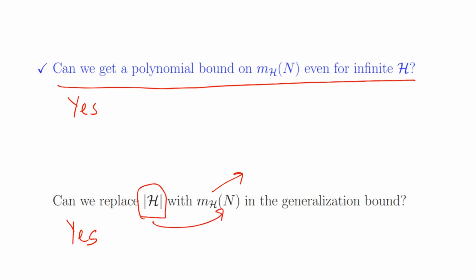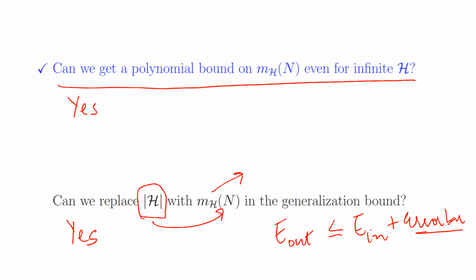Okay. So having said that, what we really need to understand now, the real challenge, is to link this entire process to E out, because remember that was the whole point of doing this analysis: that E out reaches E in plus the error bar, and we have a lot of information about the error bar now, given that we have m sub h of n. So we want to link everything to E out.